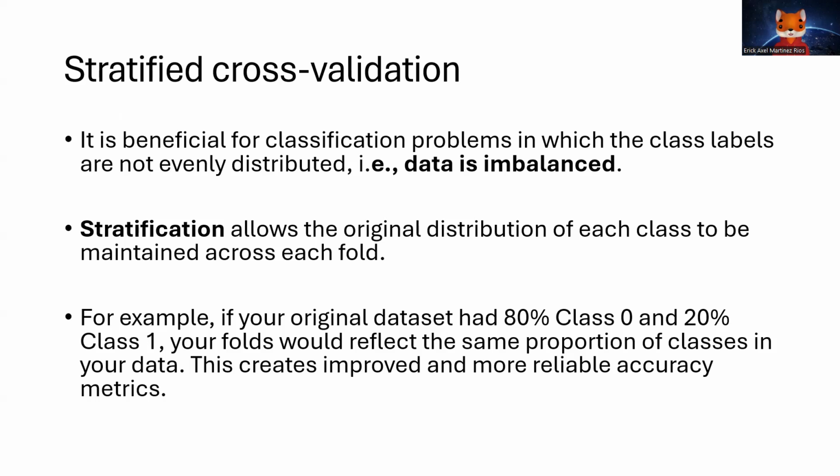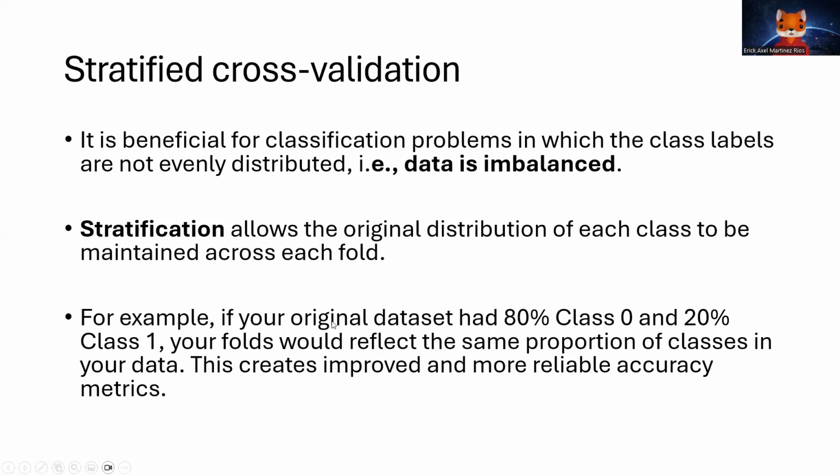That means that you have a class that is more represented than the other one. So stratification allows the original distribution of each class to be maintained across each fold. What is the meaning of maintaining the distribution of the classes for each fold in the cross-validation process?